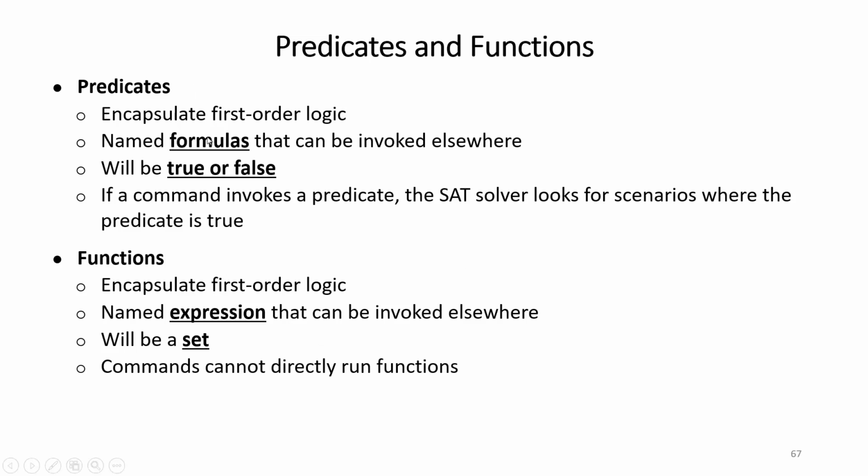We can define predicates, which are kind of named formulas that we can then invoke elsewhere. Usually we invoke them in the run command, but you can also combine predicates. So you can have maybe conjunctions over predicates. You can use them in facts. You can use them in any kind of places. The important thing is they will either be true or false, but there is not really a true or false statement in Alloy because it's a relational logic that doesn't have those true and false constants.